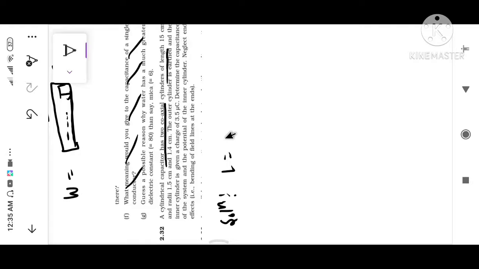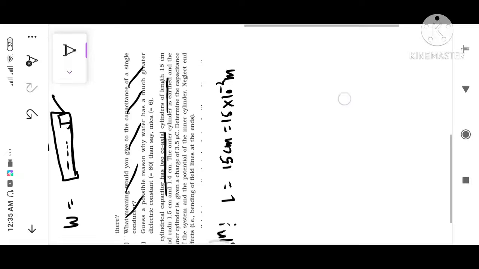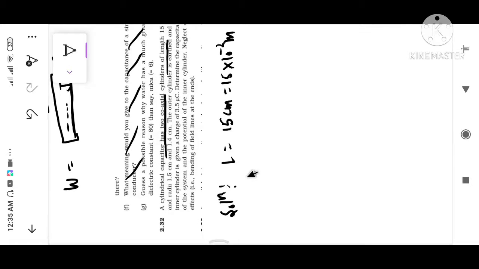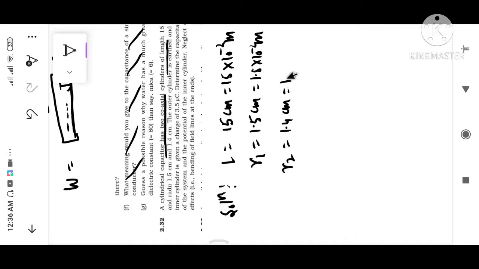Length is 15 centimeter, that is 15 into 10 raised to minus 2 meter, and the radii are 1.4 and 1.5. Let R1 be 1.4 centimeter converted into meter, 1.5 into 10 raised to minus 2 meter, and R2 is also given, 1.4 centimeter, equal to 1.4 into 10 raised to minus 2 meter.